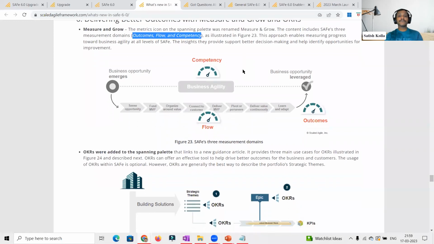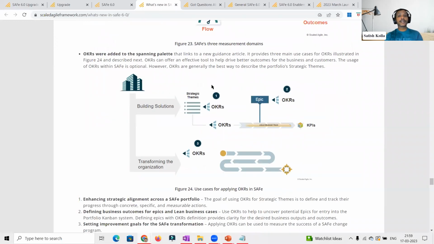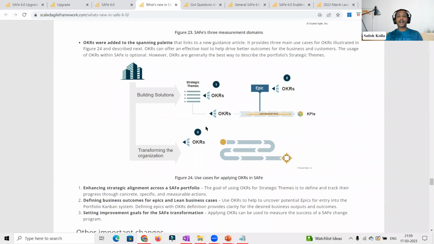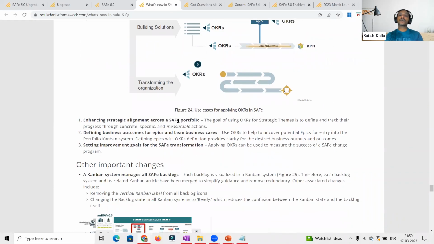At the same time, the OKRs were brought into the spanning palette on the right side of the framework to clearly showcase their importance and relevance, and how OKRs can be used from the portfolio, how they can define the business outcomes or the lean business cases, and how the overall transformation or digital implementation across the organization can be driven as part of this.